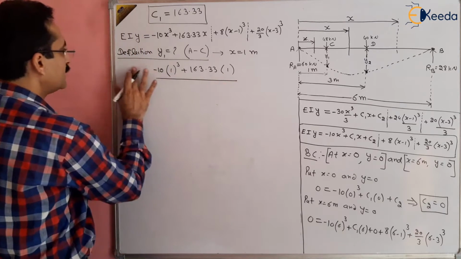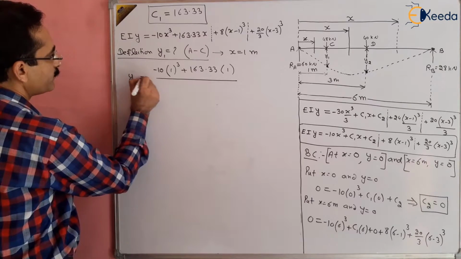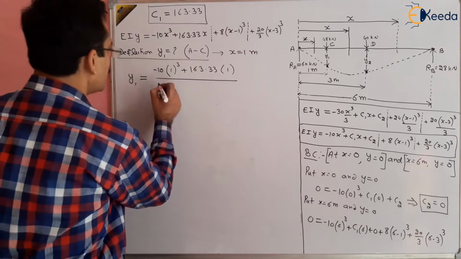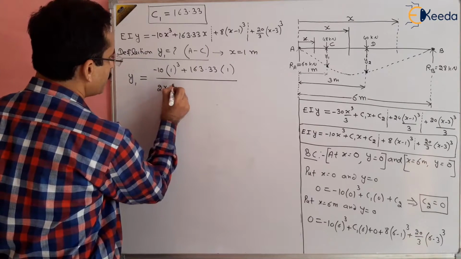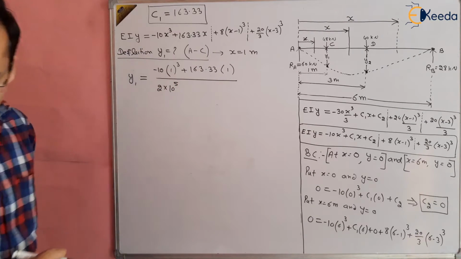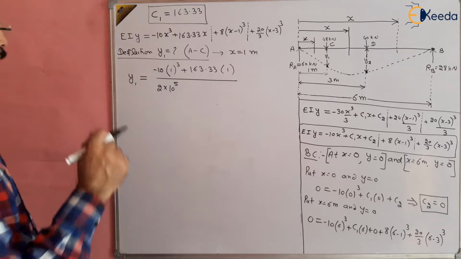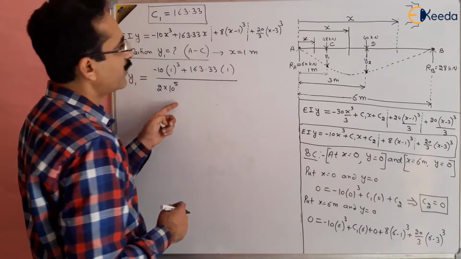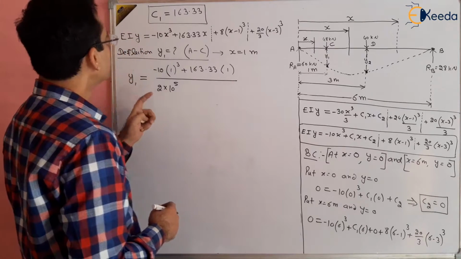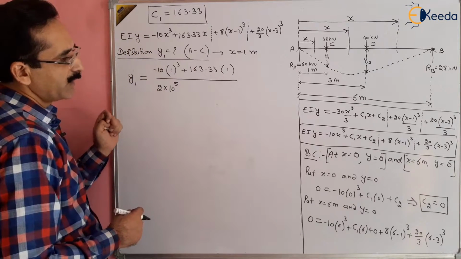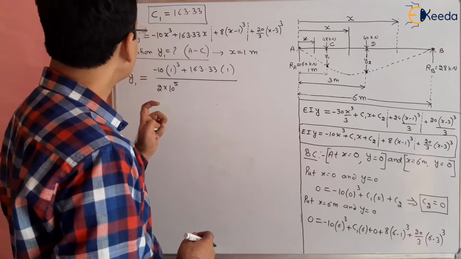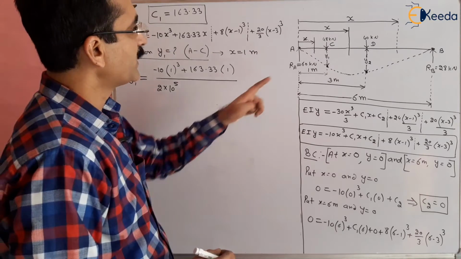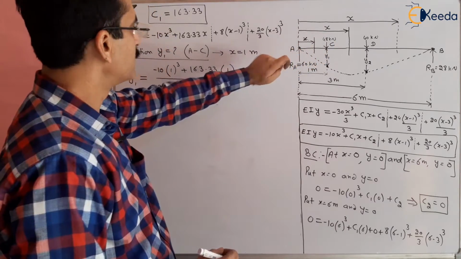What is the value of E and what is the value of I? EI is given to us as 2 multiplied by 10 to the power 5 Newton millimeter square. Now, if we want the answer in millimeter, we have to remember that this 48 is used in kilonewton.